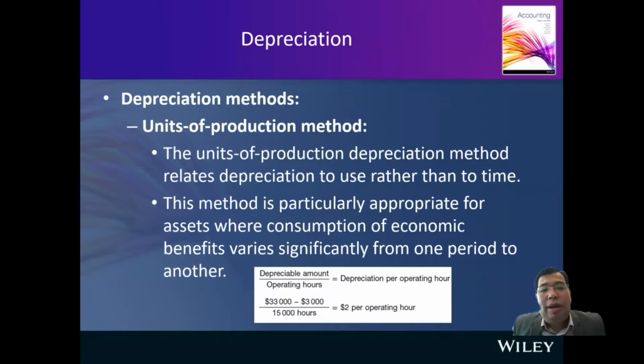Number 4 is by using the units of production method. The units of production method relates to the use rather than to the time. You use more, you provide more depreciation. You use less, so less depreciation. It is based on usage, maybe based on operating hours.